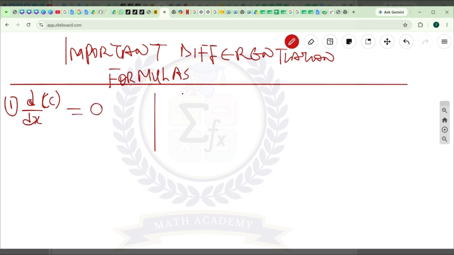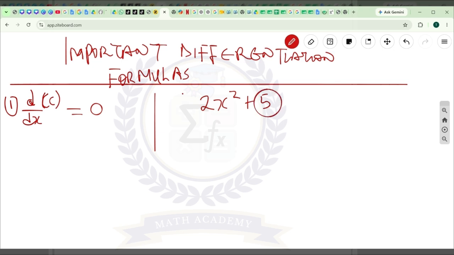So if you're asked to differentiate, let's say, 2x squared plus 5, let's invoke the constant formula. So I'll be differentiating only 5.